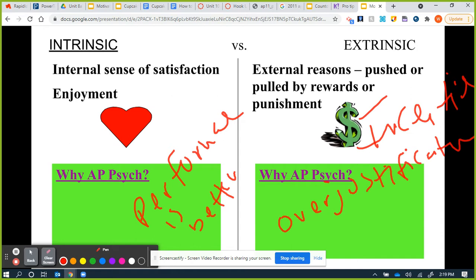If you have a kid who just genuinely likes to read, and then all of a sudden the parents start paying them $5 for every book that they read, their intrinsic motivation to read goes away, and the extrinsic factor becomes more of a motivating factor, which actually makes us perform worse. A lot of times when we're doing something just for a reward, we don't perform as well. We're not just doing it for the hell of it.